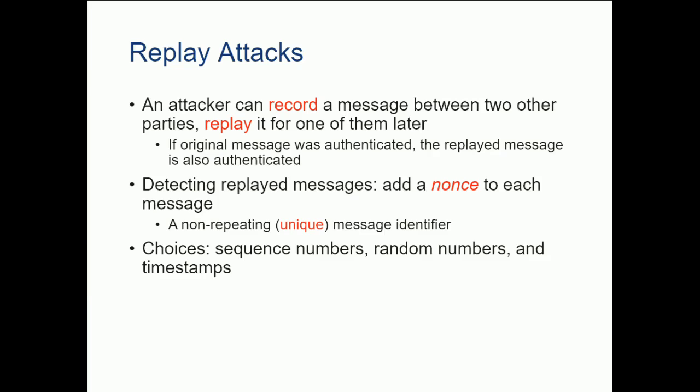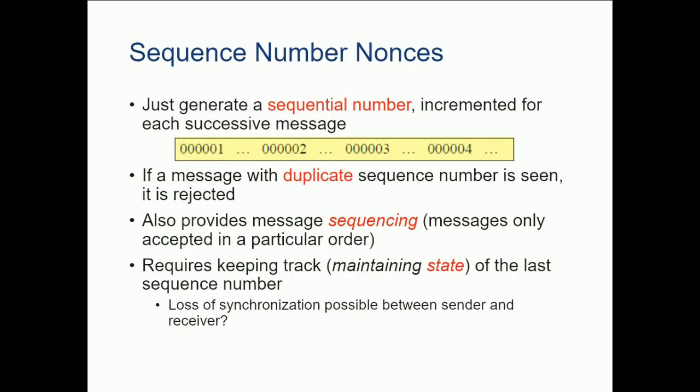There's no need for us to encrypt the nonce, even though we can. The purpose of the nonce is just to defend against replay attack. There are multiple possible choices for the nonce, including sequence number, random number, and timestamp. We'll see a few examples.